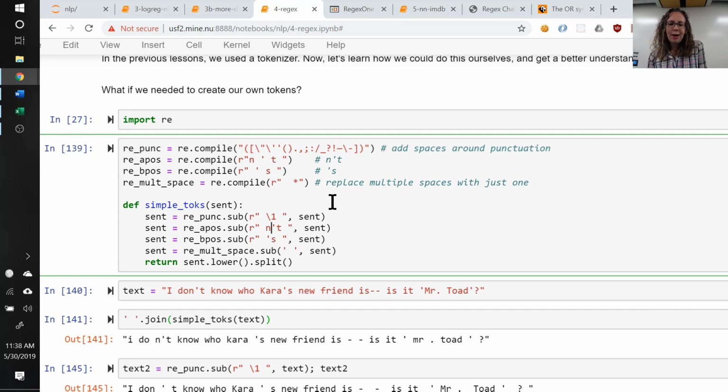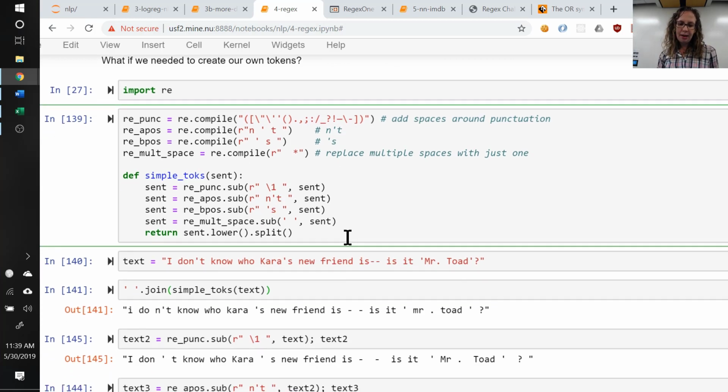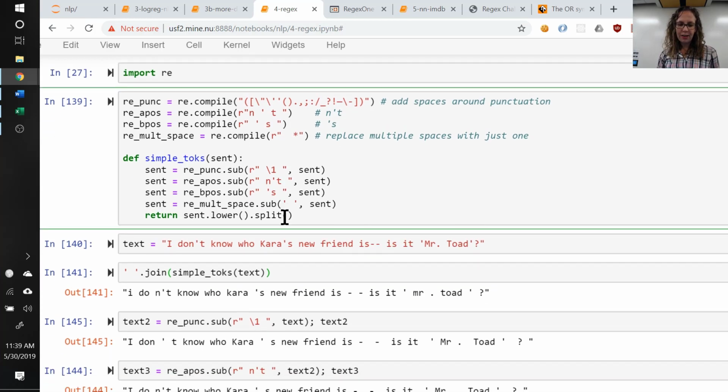Then we're going to make N apostrophe T. Since we've inserted spaces on either side, we're going to condense that back to be N apostrophe T. So we'll substitute that in. Ditto with apostrophe S. We inserted a space when we did the original add-space-around-the-tokens step. Put that back to apostrophe S.